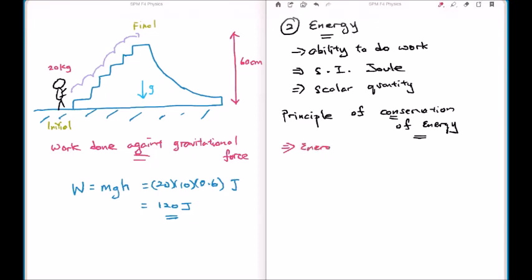It says energy can't be created nor destroyed. You can't destroy an energy.